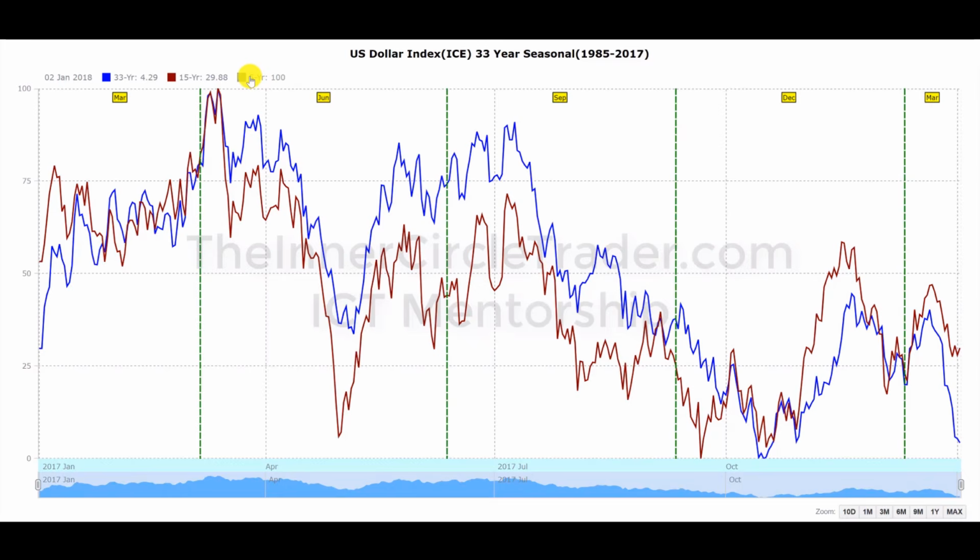So the importance is the correlation between the 15-year and the 33-year average. When they both agree and it shows a strong turn, that to me signifies something that warrants our attention, or at least it warrants my attention, let's say it that way.